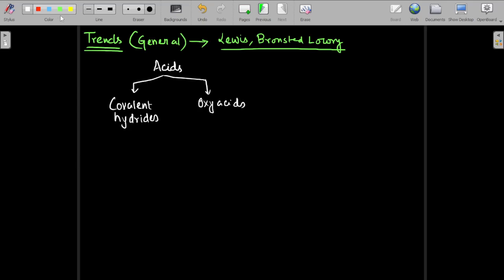What are covalent hydrides? Covalent hydrides are like H2O, a hydride of oxygen, CH4, HCl, H2S. These are covalent hydrides.